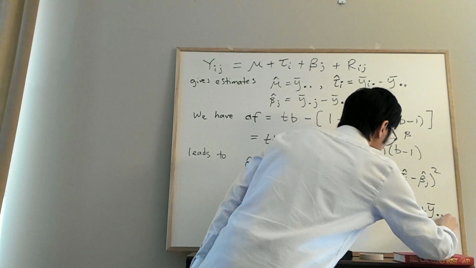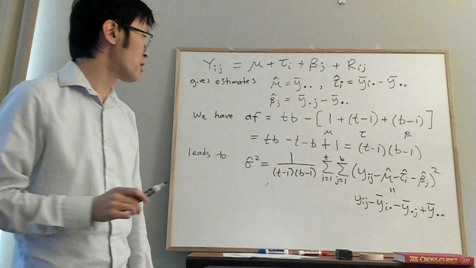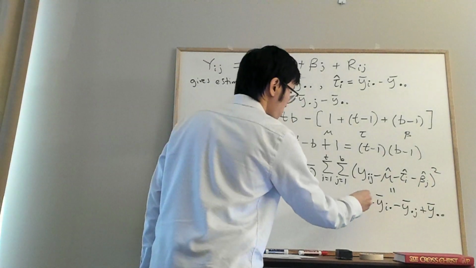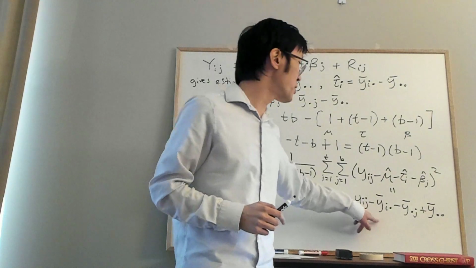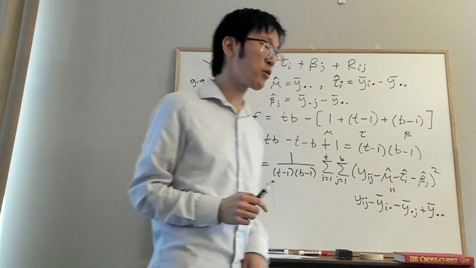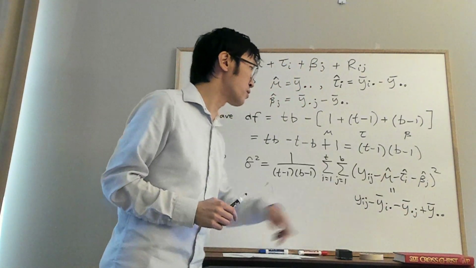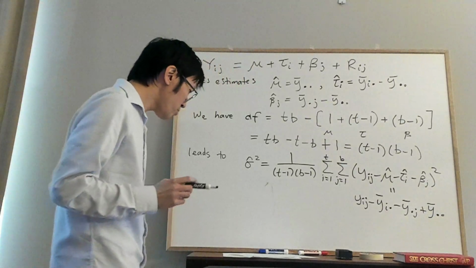So take the observation, subtract the treatment mean, subtract the block mean, and then add back the overall mean. That's what the bracket simplifies to.